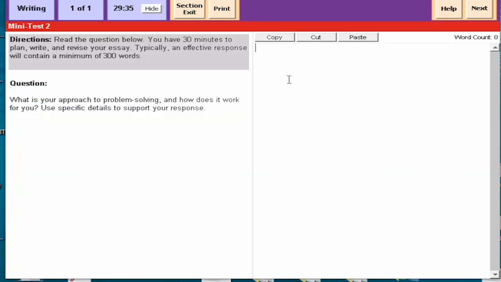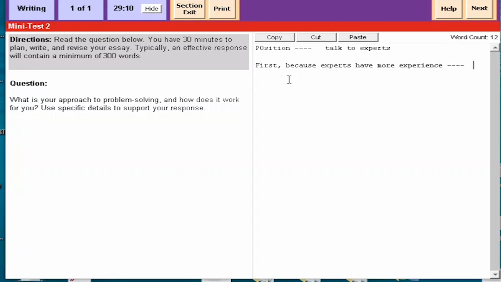So I'm gonna start with my outline. Okay, so first, what's my first thing? My position first. Problem solving is to talk to experts. Okay, first, because experts have more experience.